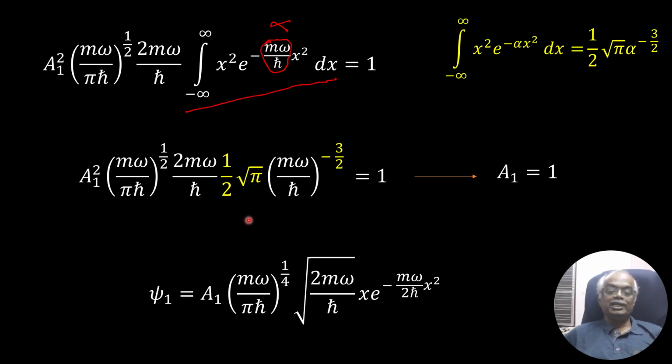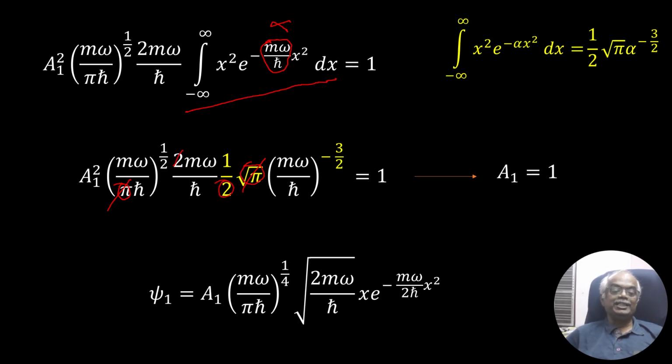Then here you can cancel out some of the terms. The square root of pi will get cancelled with this square root of pi. Similarly, this 2 will get cancelled with this 2.